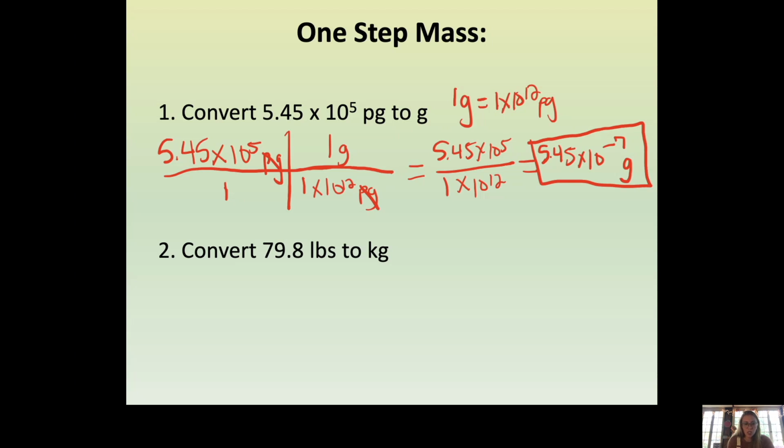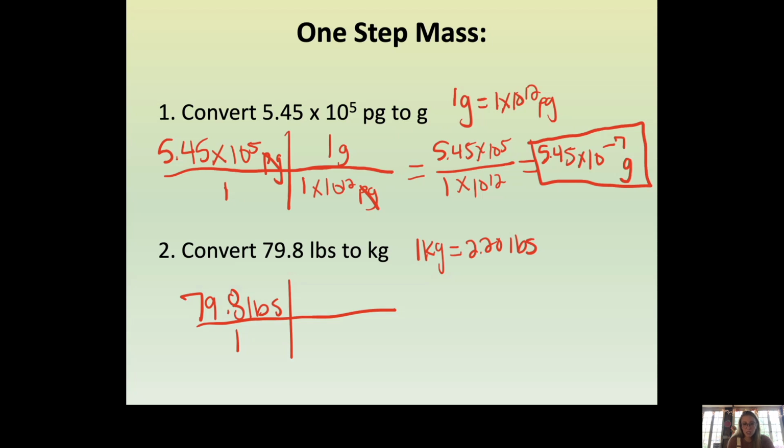On my conversion sheet, I will find that 1 kilogram equals 2.20 pounds. LBS is pounds. So 79.8 LBS, or pounds, in my chart over 1. And then I'm going to turn this into my fraction. Which one am I going to put on the bottom, kg or LBS?